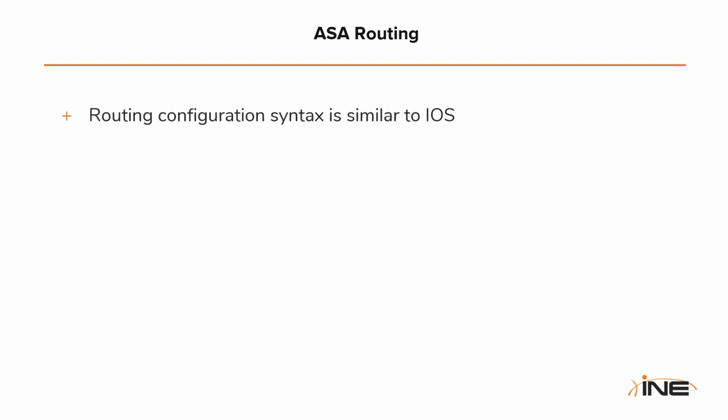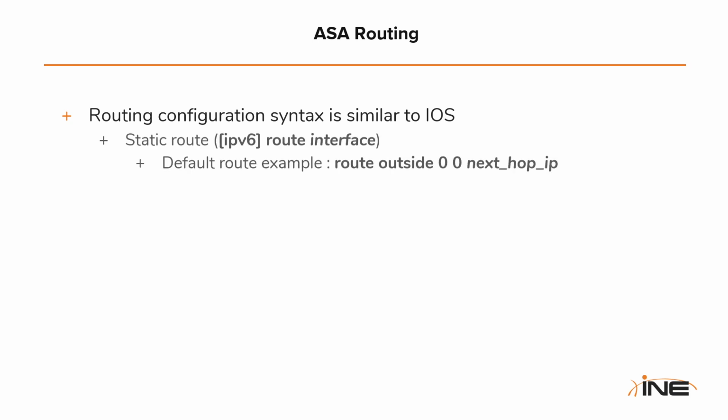As we will see, the routing syntax is very similar to IOS. We can build static routes using the ipv6 route or just route command for IP version 4. So for IP version 4, it's going to be route, not ip route. But other than that, the syntax is going to be pretty close.